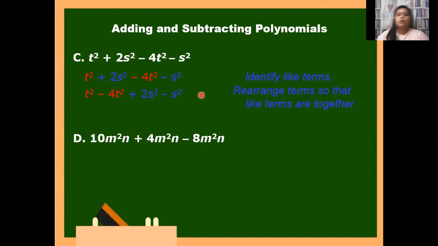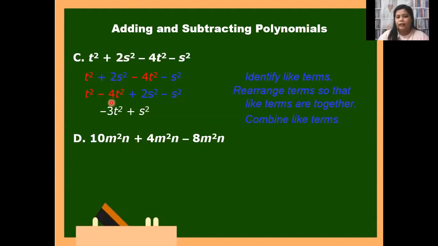Now, since we already rearranged it, we can now combine the like terms in order for us to come up with the final answer. Now, t squared minus 4t squared, the answer will be negative 3t squared. As you can see, t squared is positive and 4t squared is negative. Therefore, we need to subtract them.